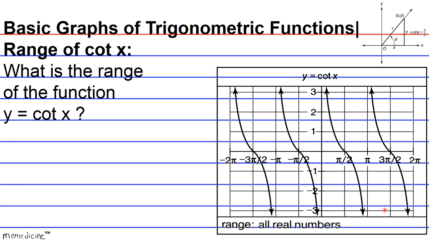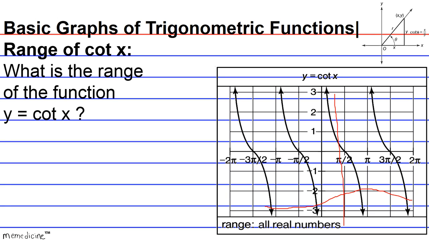And because this function passes the vertical line test, it is a function. However, it's not a one-to-one function because it doesn't pass the horizontal line test, meaning that for every element in the range, there isn't only one element in the domain.